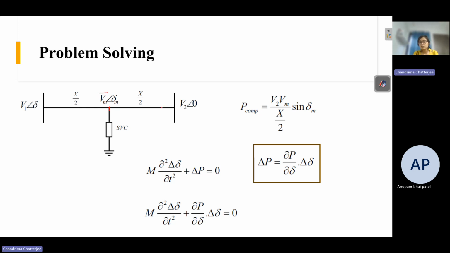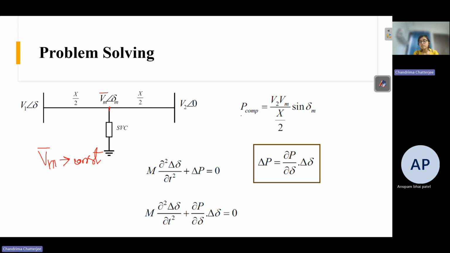Now, suppose we maintain this midpoint voltage Vm constant, always, irrespective of the load, the sending end voltage, or the receiving end voltage.